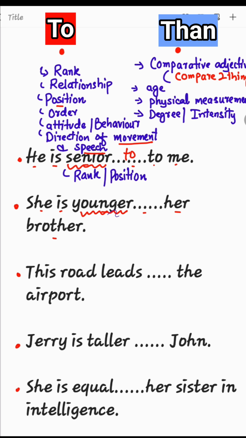She is younger blank her brother. Here the keyword in this sentence is younger. Comparison of age. We are comparing two people.